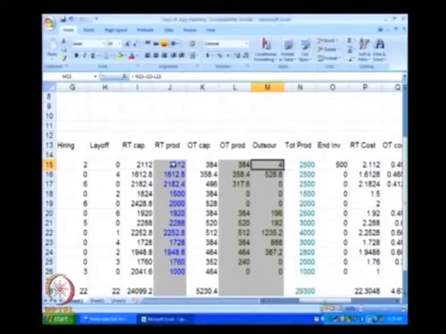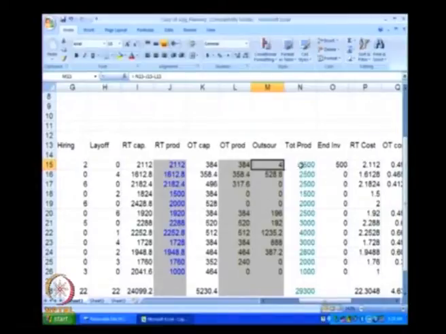So, that much is given to RT production, and then the balance is taken, then the OT capacity is seen, and then the maximum possible is given to the OT production, and if there is still something to be given, that is given to the outsourcing. The reason and the motivation is that regular time production is less costlier than overtime production, which is less costlier than outsourcing. Therefore, maximum is given to RT production, then to OT production, and then to outsourcing.